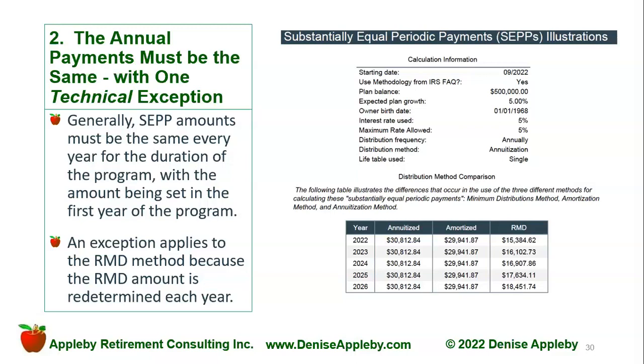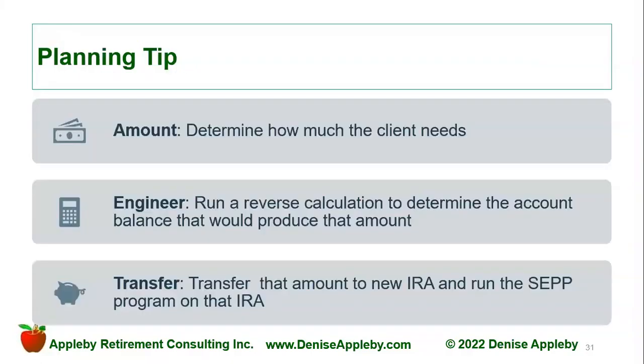Because the life expectancy factor and the fair market value that is used in the calculation will change each year, the amount is going to change each year. But according to the guidance provided by the IRS, that's perfectly fine. That's one of the exceptions that is permitted, and by using this exception, you will not be considered to have broken the rules.